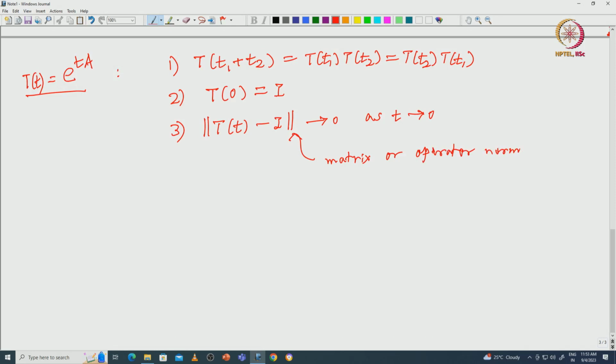Okay. So, this is referred to as semigroup property. In this case, it is also a group property because it is defined for all t in R here. And this is of course at 0 it is identity, and this is referred to as continuity.